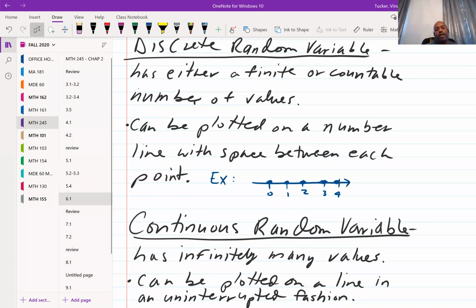A continuous random variable has infinitely many values. A lot of times a continuous random variable is something that's being weighed or measured. If I weighed myself and got 165 pounds, with a more accurate scale it would also be correct if I weighed 165.1 pounds.